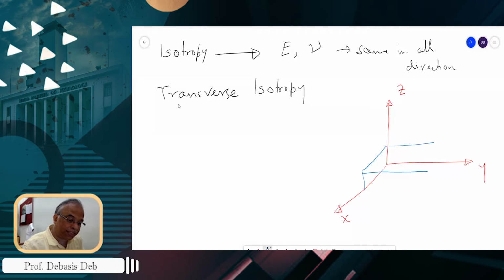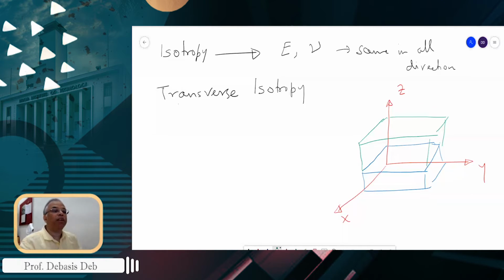So let's say this is one layer, then on top of that I may use another color, on top of that another layer, and so on. This may be coal, this may be sandstone, on top of that a shale layer, then again coal. It can be anything.